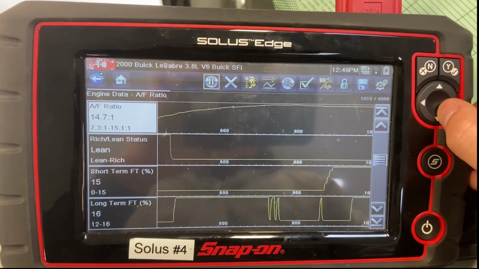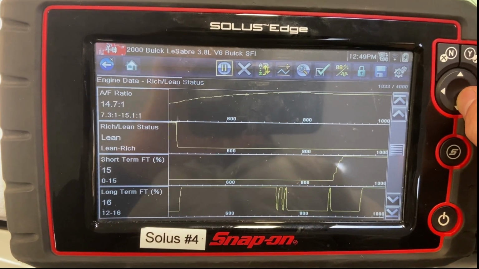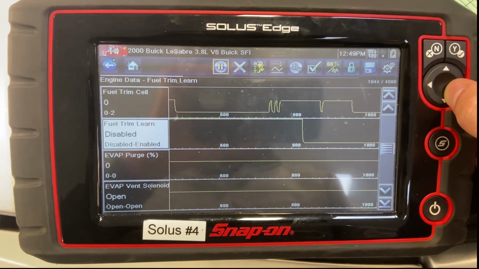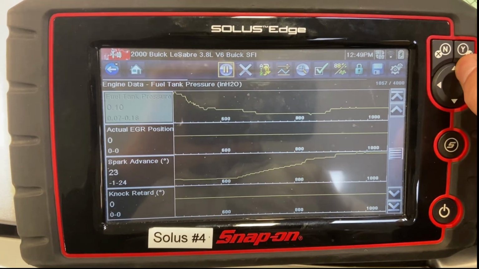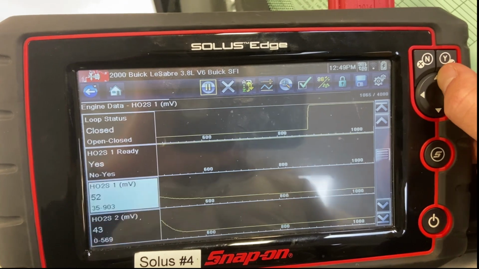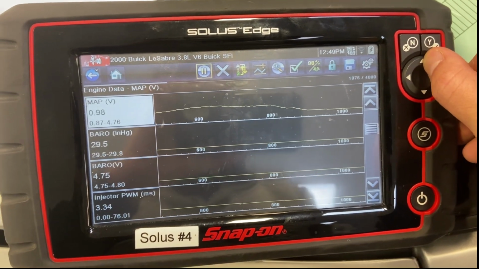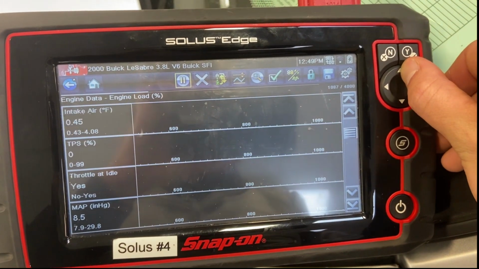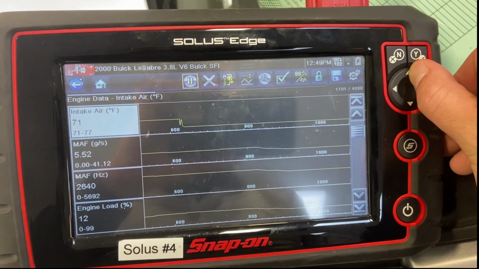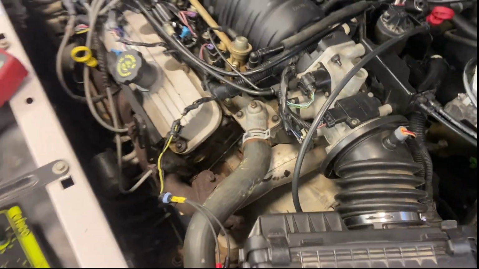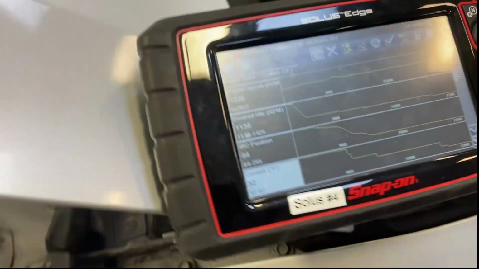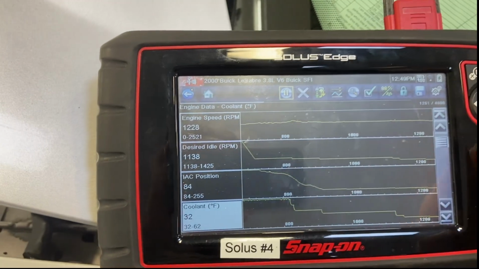As we can see, we're in closed loop, and we can see our fuel trims. If we add even more resistance, we can increase even more. 9.5, reading at freezing.